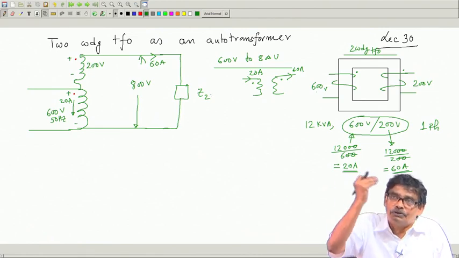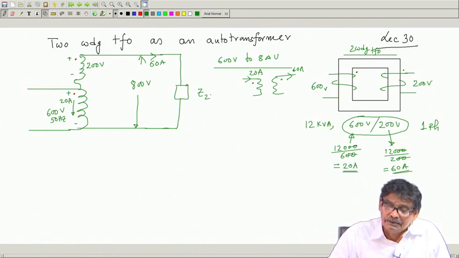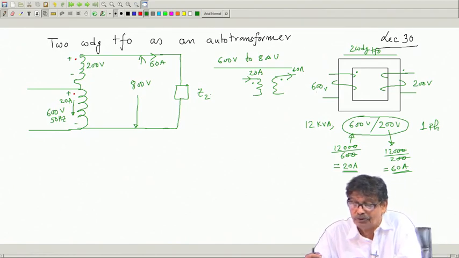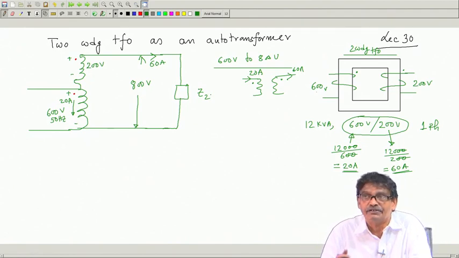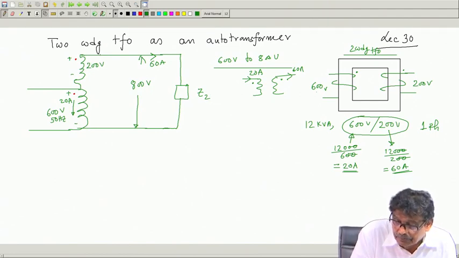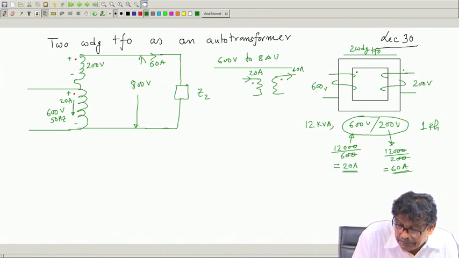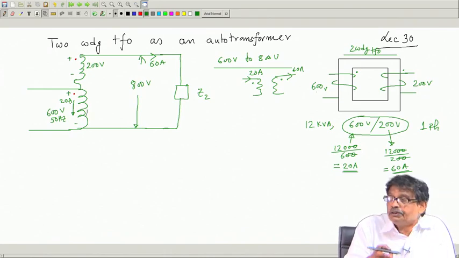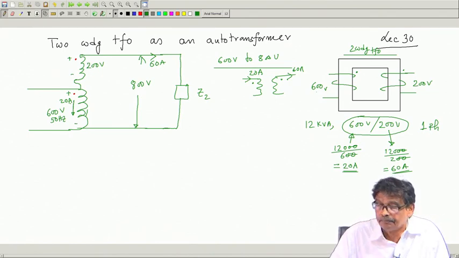That is the good old explanation. Therefore, simply because you have connected in this fashion, to say that those rules no longer exist is not correct. It is there. Through the dot, if you want to draw some current, through this high voltage winding there must be 20 ampere in this direction.